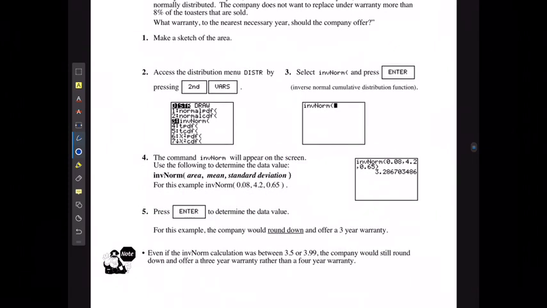So the order in this case is I put in the area, I put in the mean, and I put in the standard deviation. And then it will tell me where that data set actually exists.